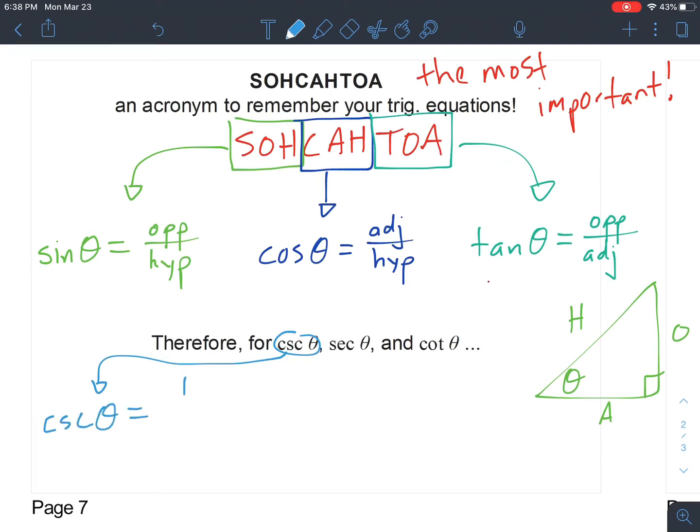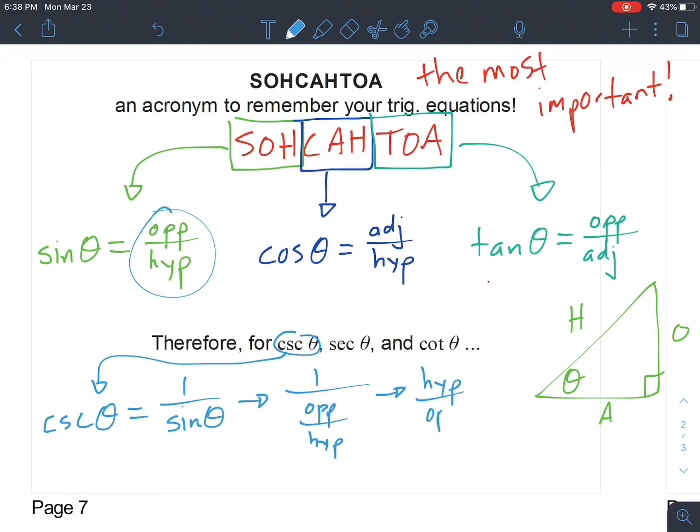Because cosecant is 1 over sine, that means then that we need to do 1 over the opposite over the hypotenuse. And that ends up being the reciprocal. Hypotenuse over opposite. So that's what we will use whenever we need to find cosecant.